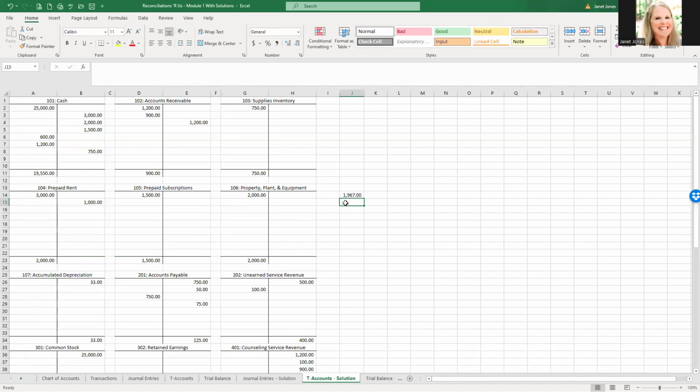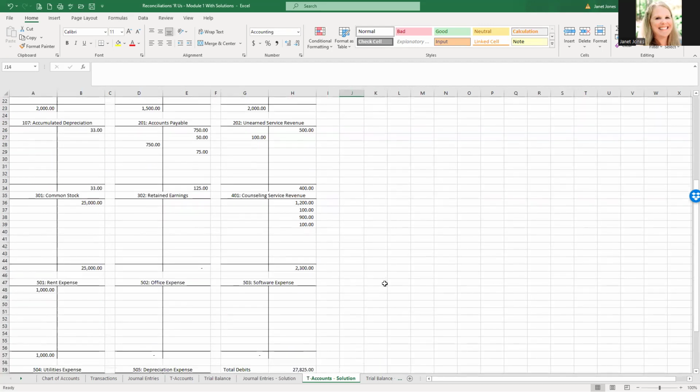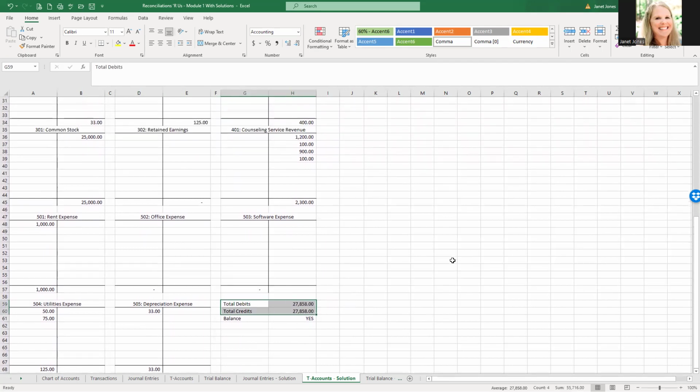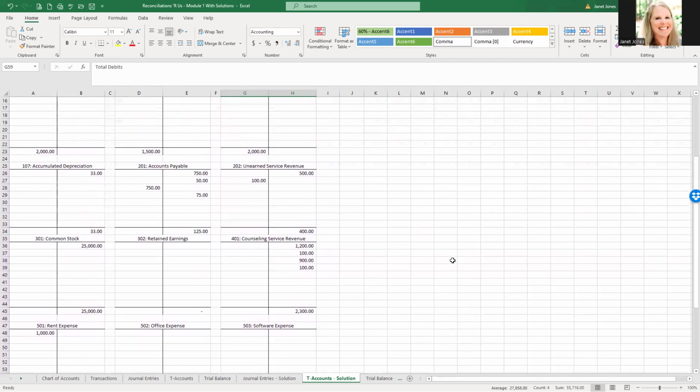So we have $1,967 left of useful life or useful value of that computer that will systematically get written off over the next 3 years. The other side of that is the expense. So we want to go down to our depreciation expense and put that $33 here. We check to make sure our debits and credits match, and we are good to go.